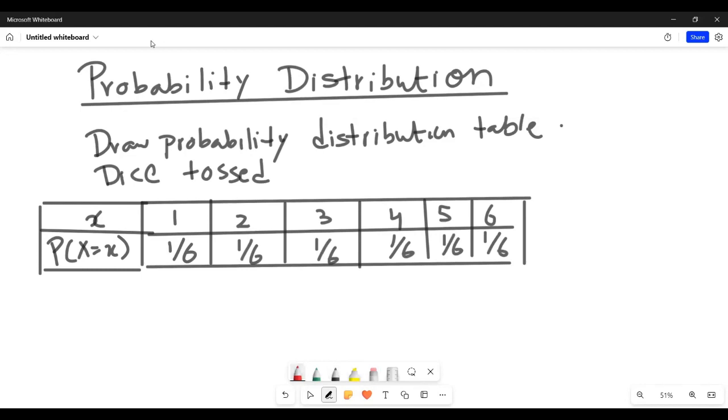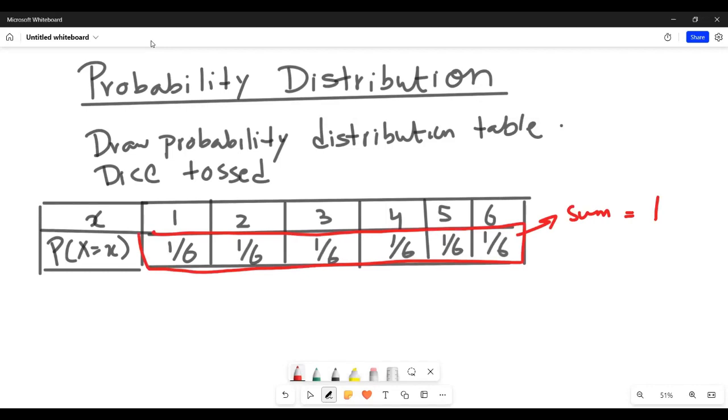The total must always be equals to 1. So this sum will always be equals to 1. So this is the probability distribution table for a throw of dice.